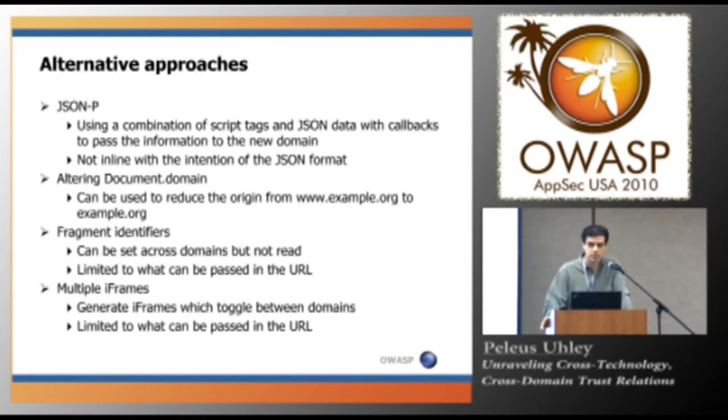A lot of websites were using that trick. Some people were passing information via fragment identifiers, because you're able to read the fragment identifier off the URL across domains, even though you couldn't see the full URL. In some cases, they would use multiple iframes and have A create a child frame that pointed to B, and then B would create a child frame that pointed to A, which would essentially pass the information back into A. So there were all these little tricks and workarounds.